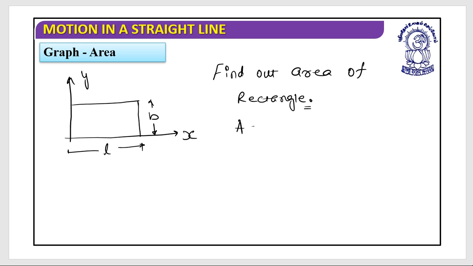Now you know, sir, this is very easy. Area is equal to L into B. Yes, you are quite right. The area must be equal to length into breadth for a rectangle.